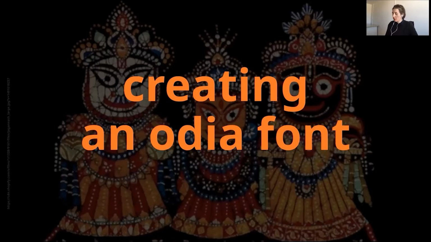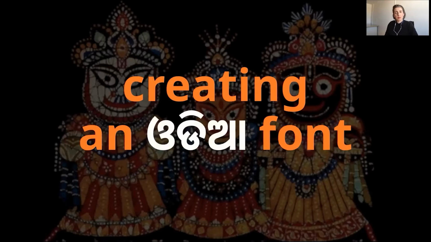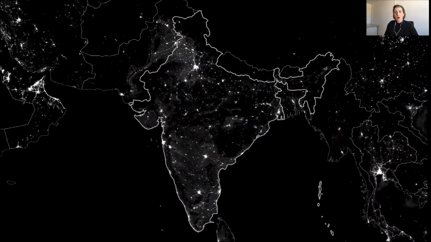So yeah, creating an Odia font, but what exactly is Odia? Odia looks like this. Odia is a language and a writing system. It is spoken by approximately 35 million people in India, and 4 million also use it as a second language.